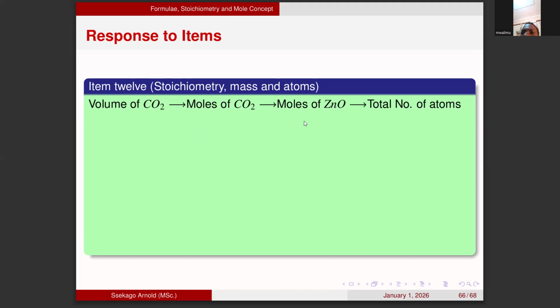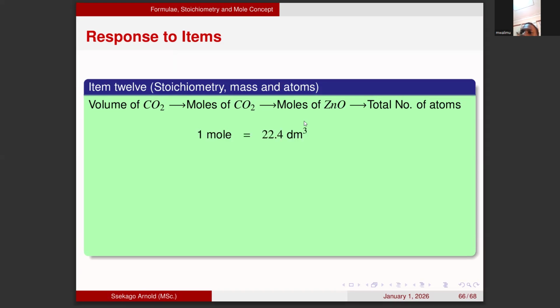So to convert from volume to moles, from the previous question, we have seen that here we apply the molar gas relation, which says that 1 mole of a gas occupies 22.4 decimeters cubed. That information is always given. So it is the same as saying 1 mole is equal to 22.4 decimeters cubed. We use this to move from volume to moles.